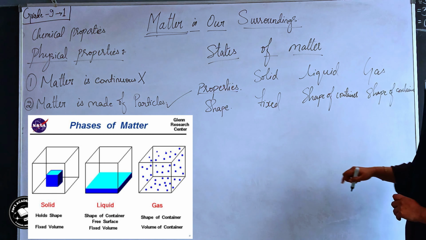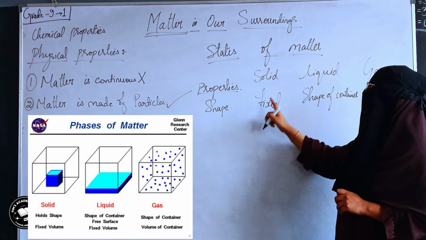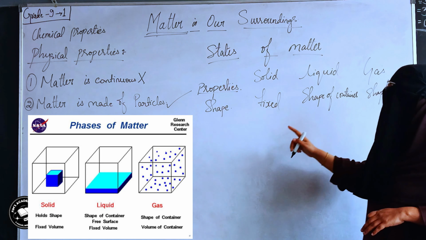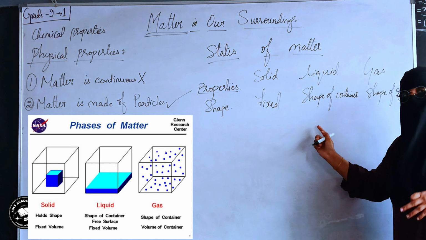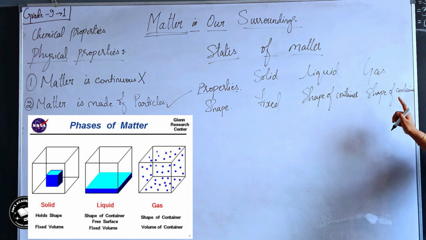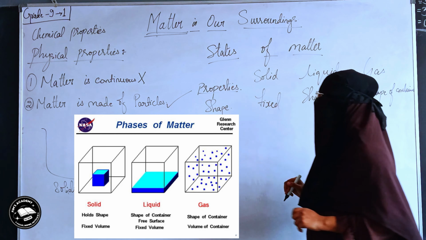So when we talk about shape as a property, solids have a fixed shape, liquids acquire the shape of the container, and gases also acquire the shape of the container.